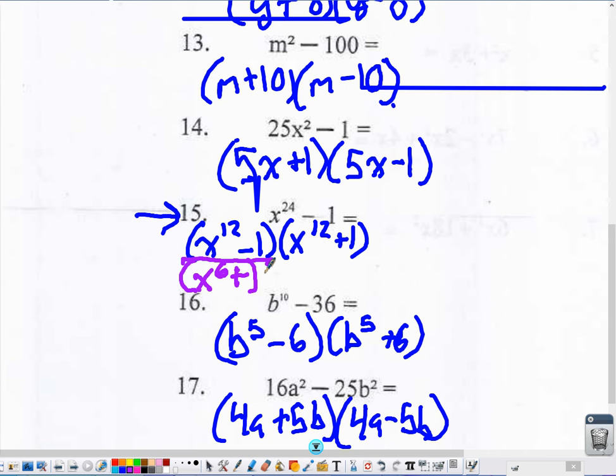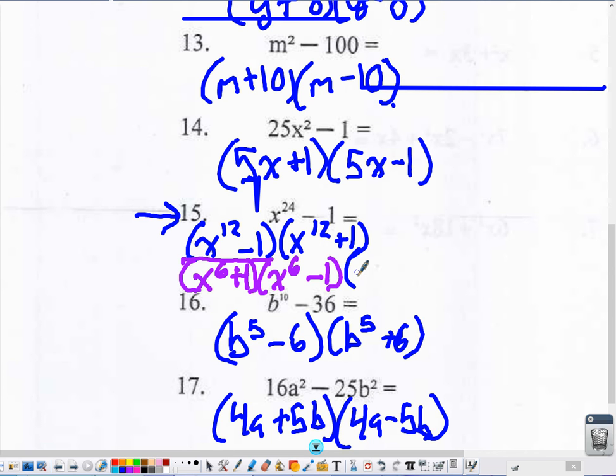So I am going to do my plus minus rule to x to the 12th minus 1. So my x to the 12th minus 1 becomes x to the 6th plus 1, forgot the 1, and x to the 6th minus 1.